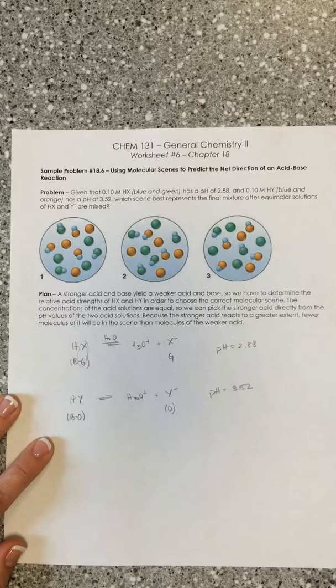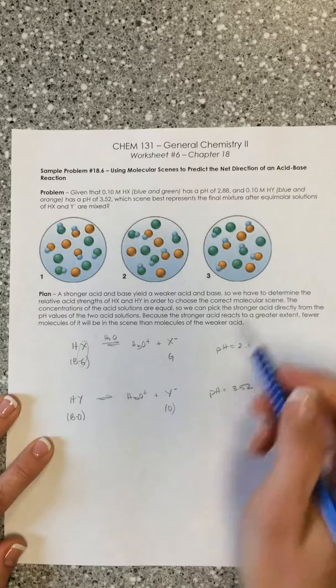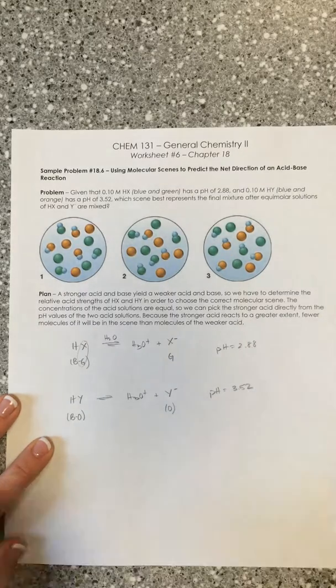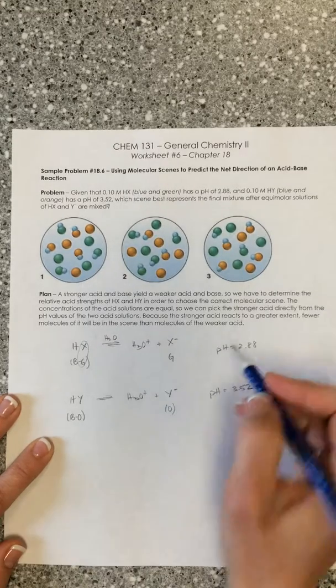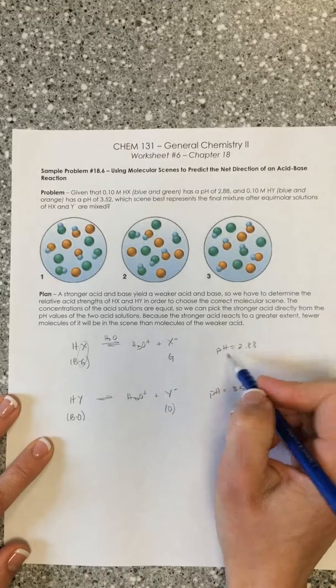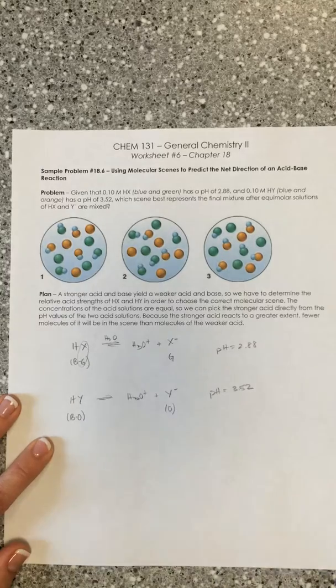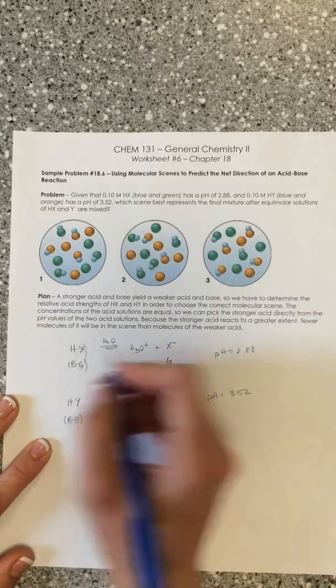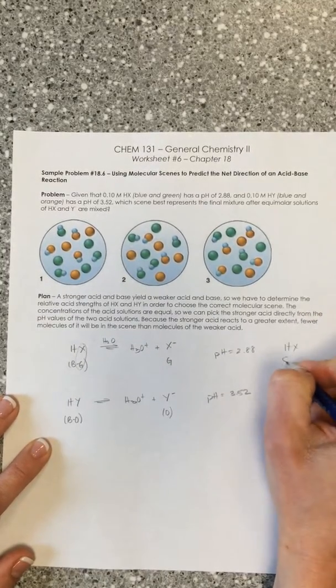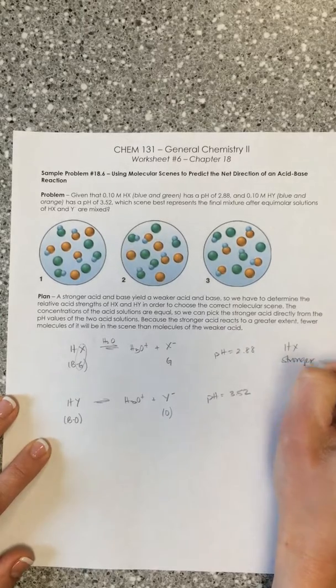What we need to think about is what it means to have these different pHs. Well, a pH of 2.88 means that HX is a stronger acid.